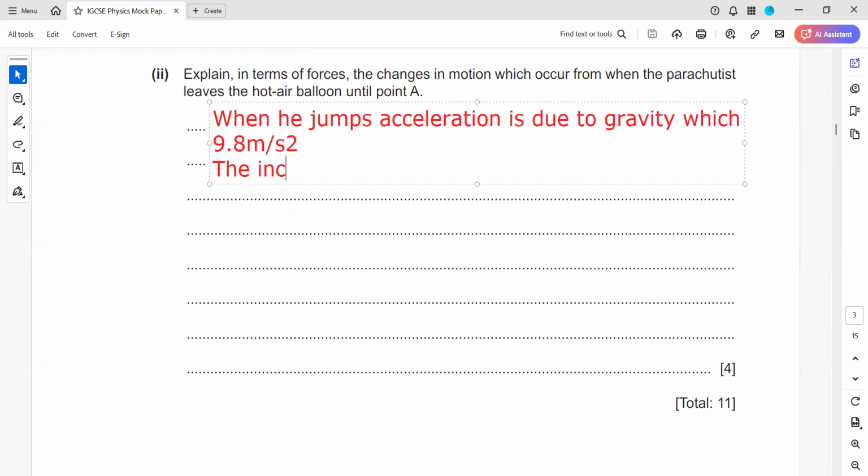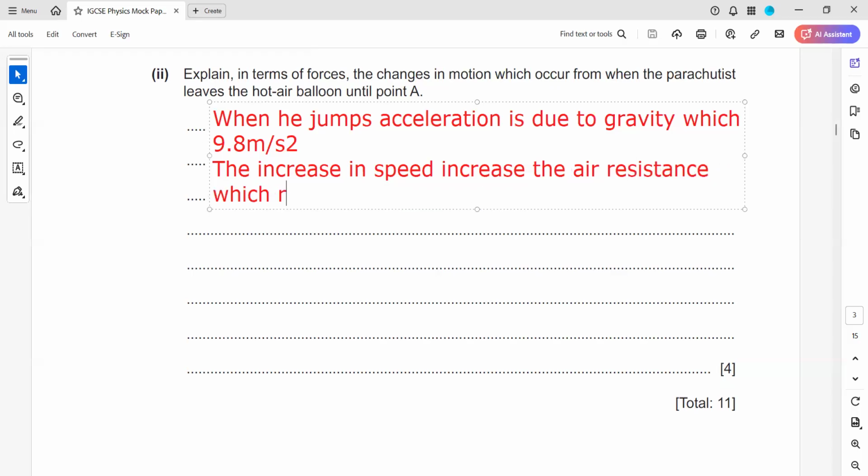The increase in the speed increases the air resistance, which reduces the resultant force. Because air resistance is always opposing the motion, the resultant force decreases, so acceleration will also decrease.